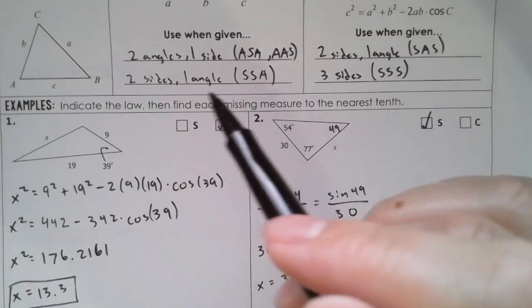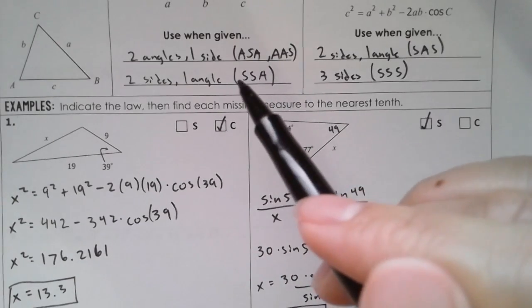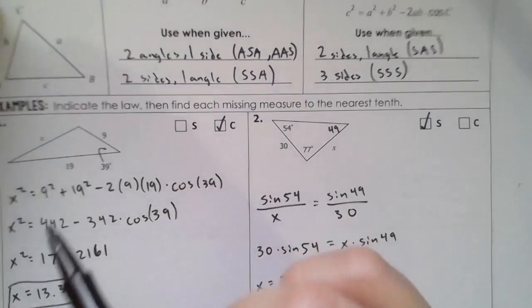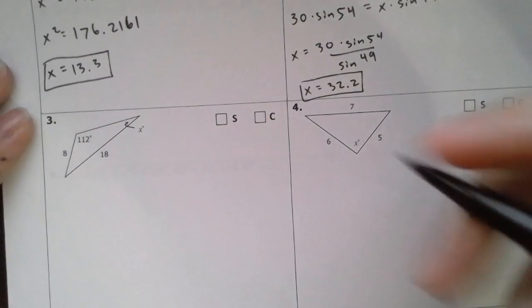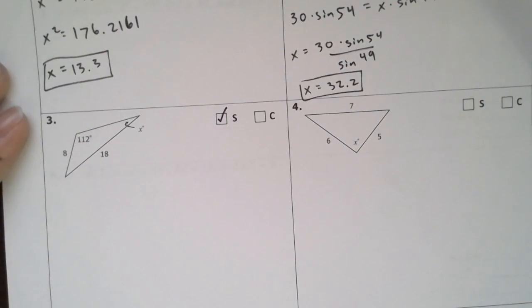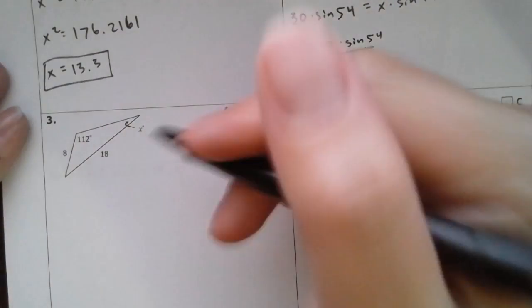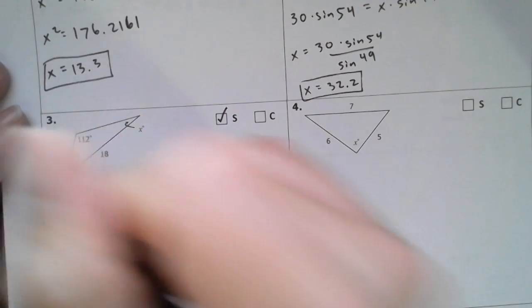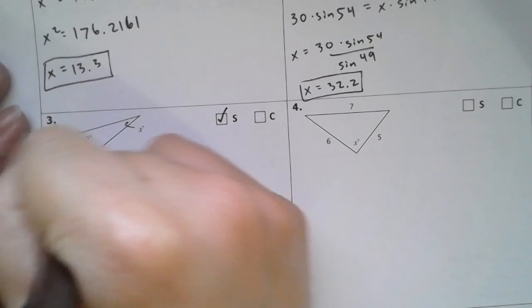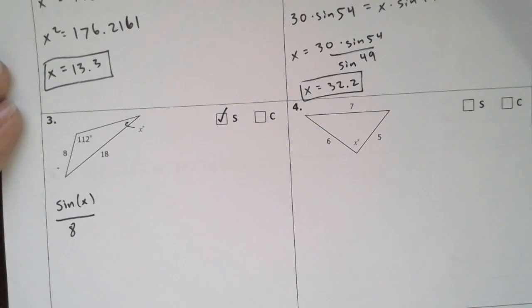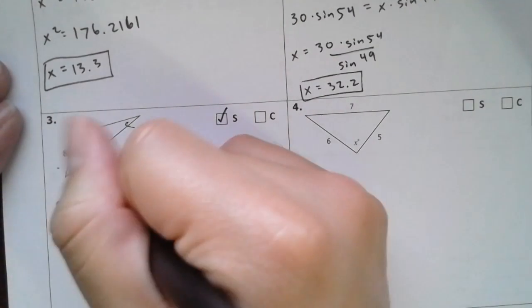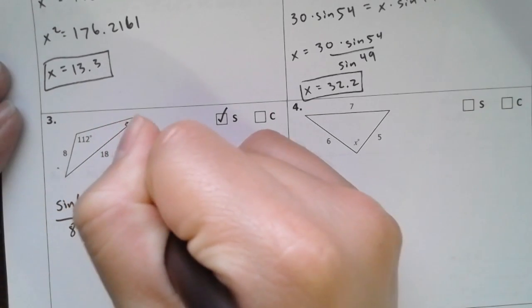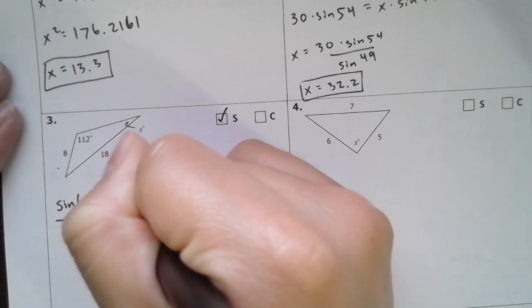If we go to the top here, it would be right here, side, side, angle. So I could use law of sines here. So I have the sine of x over 8 is equal to the sine of 112 degrees over 18.